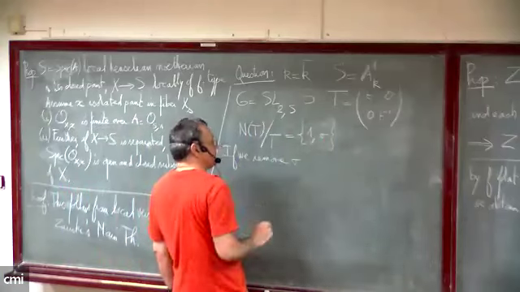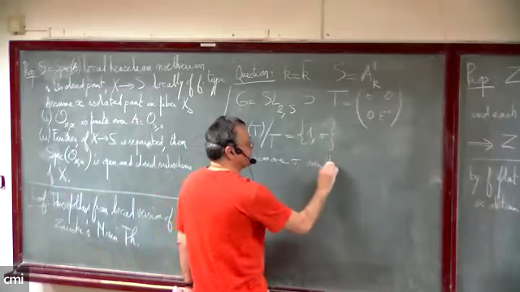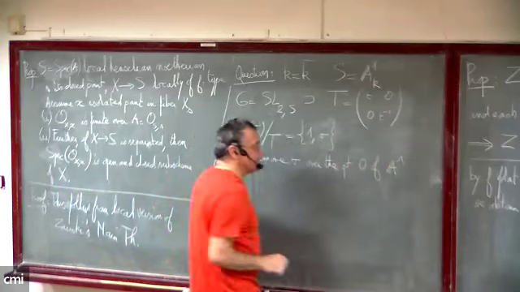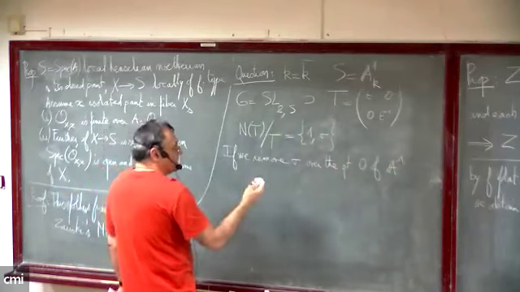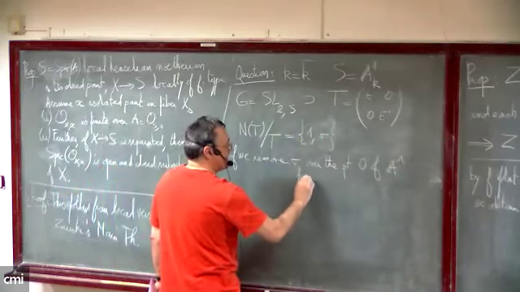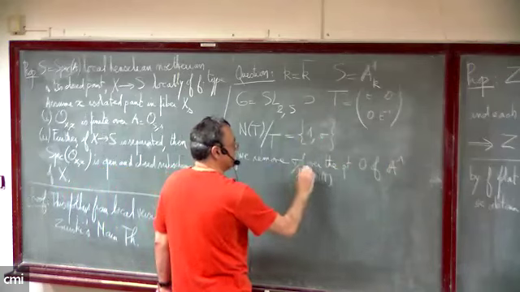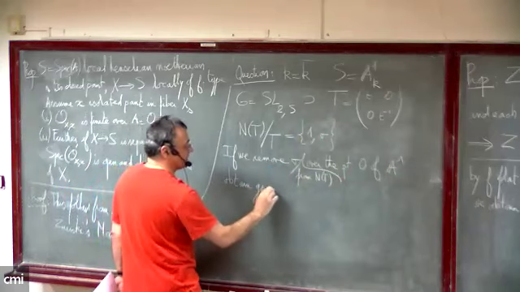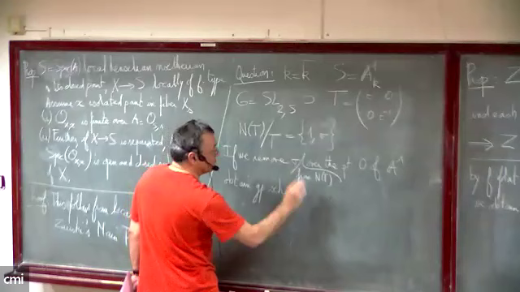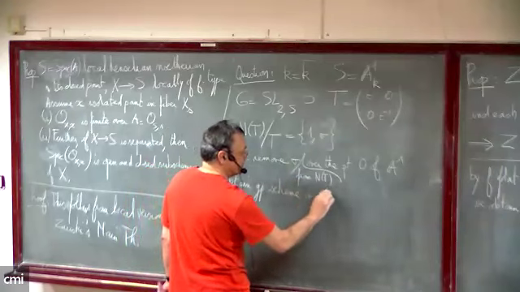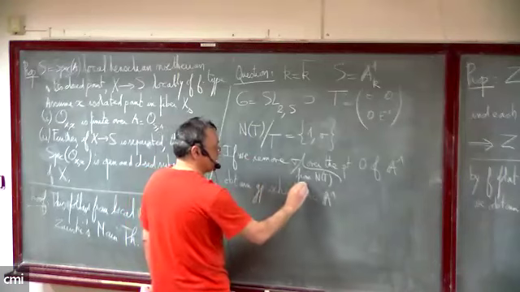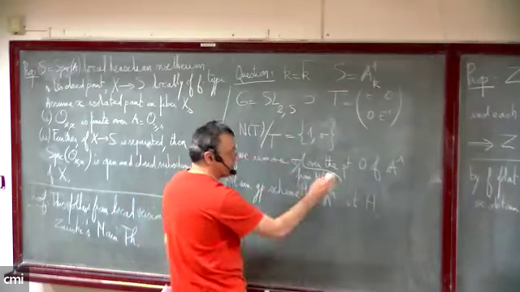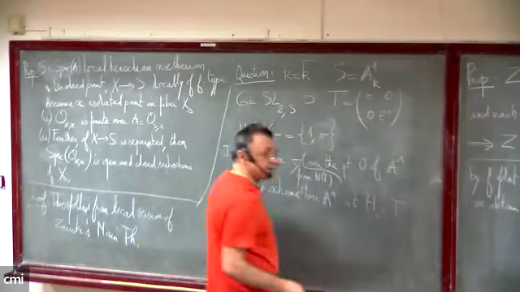So if we remove sigma over the point 0 of A1, if we remove sigma from N of T, we obtain a group scheme H over A1, such that the fiber over the point 0 is equal to the torus itself.